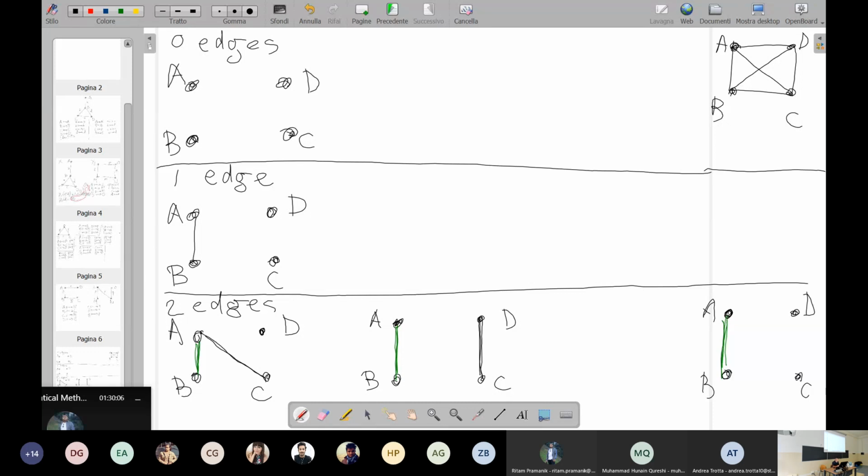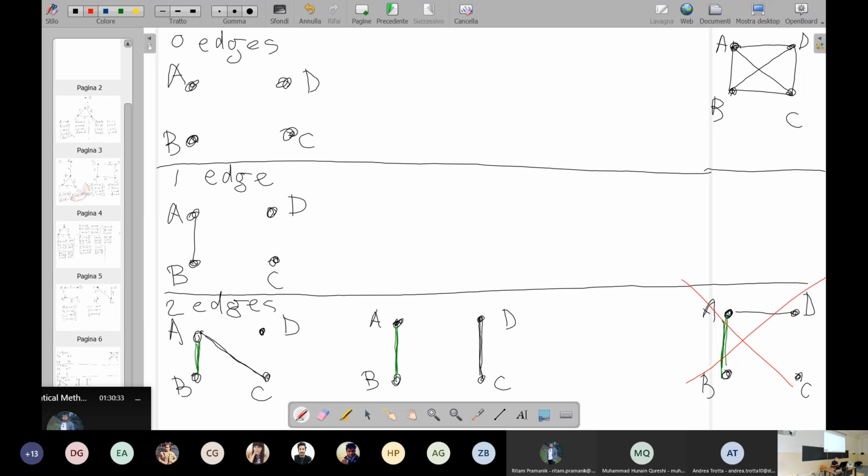If I added this, what should I have? Do I have something new or something which is isomorphic to one of the two drawn before? Isomorphic to the first, sending A to A, B to B, but sending C to D and D to C. All right, so I cross it.